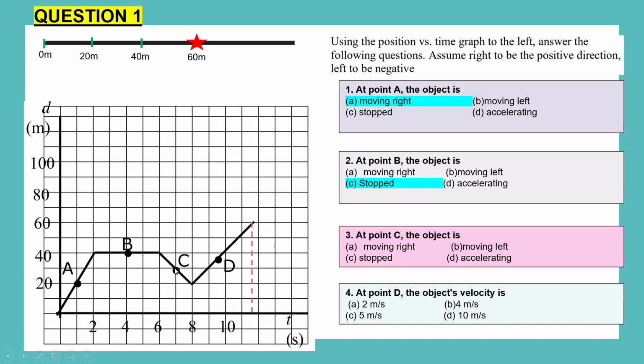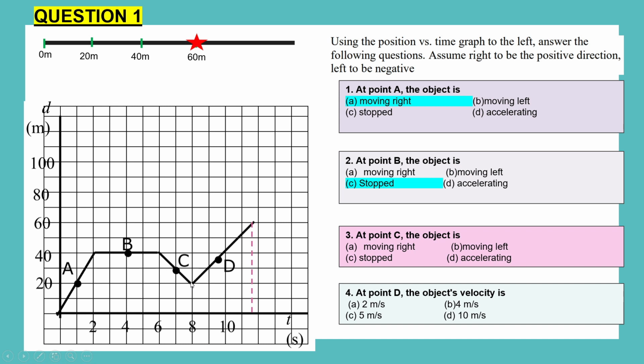At point C, look at the motion of the object. From 40 meter, it's moving in negative direction, or opposite direction. From 40 meter, it comes back to 20 meter. This is a straight line graph, so we know that the gradient is constant and the velocity is constant.